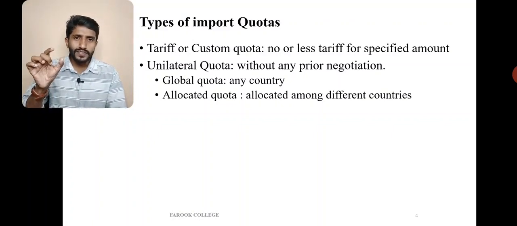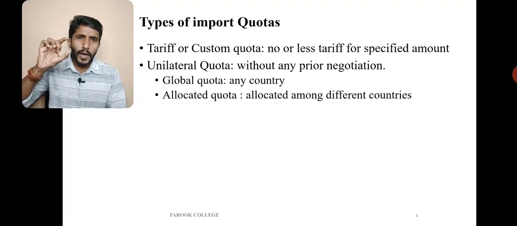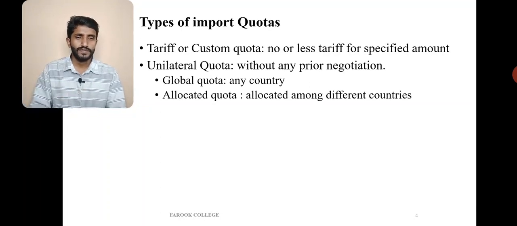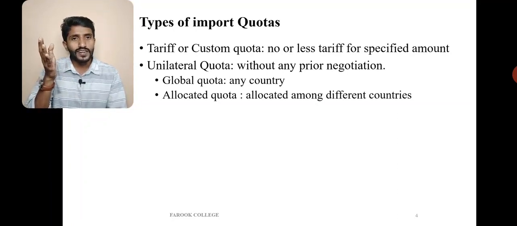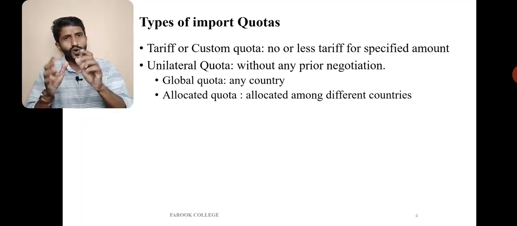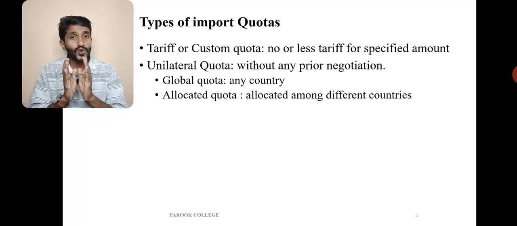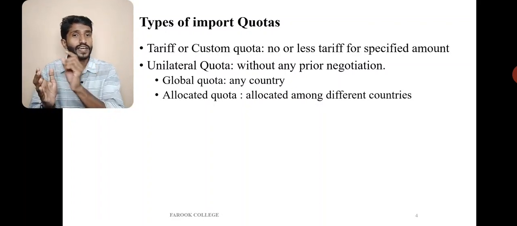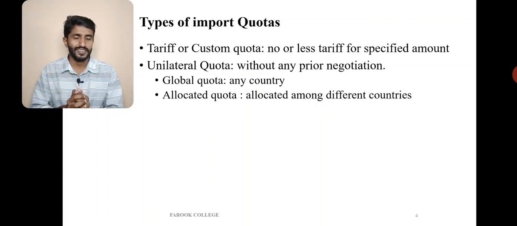Global quota means the specified quantity of a particular commodity is fixed. Suppose, as we said in the last case, 10,000 units of TV can be imported. So that 10,000 is fixed, but there is no restriction for any particular country.